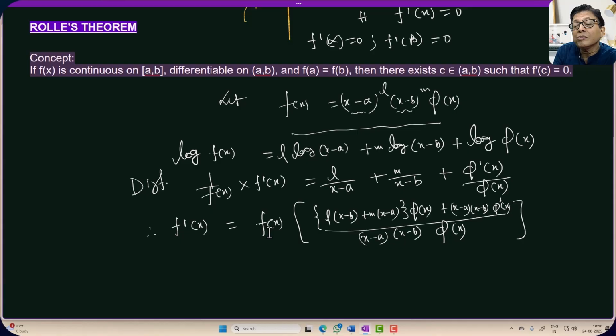Now in this equation, what is fx by phi x? Here there is fx by phi x, use it.